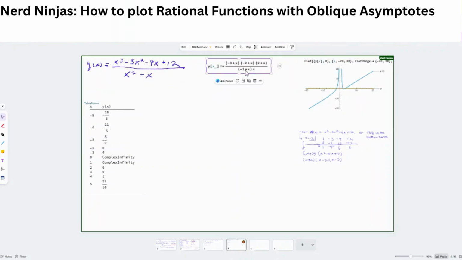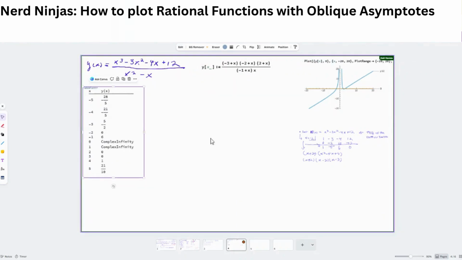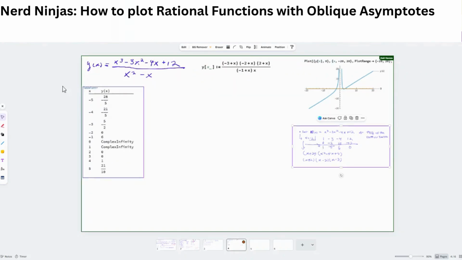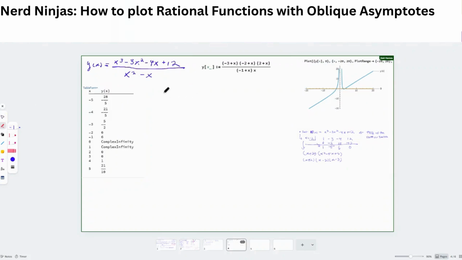Okay, so this is what we need to get to. And so what we do, we're going to just take an x out of the denominator. But before I get to that, we're going to label what our numerator and denominator are so that we don't lose our work. And we know that the numerator tells us what? It tells us the roots, right?